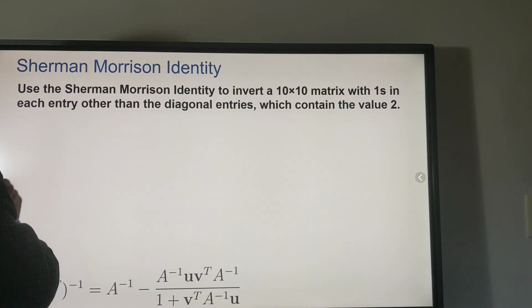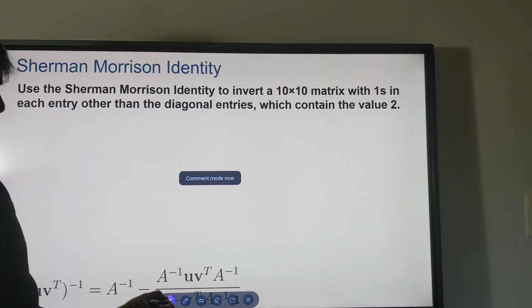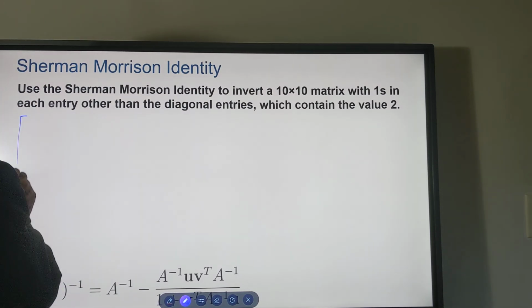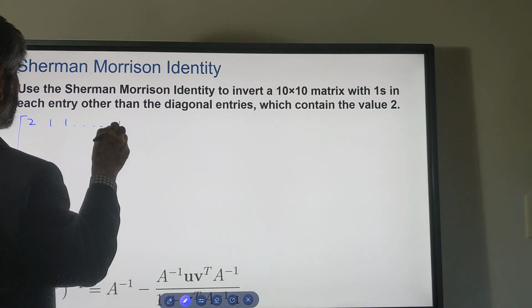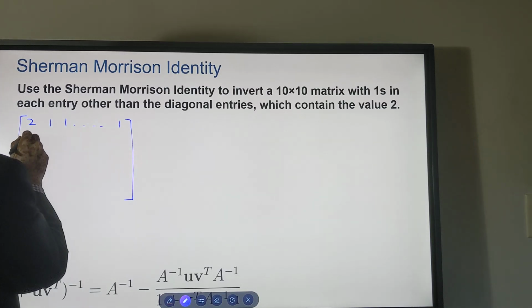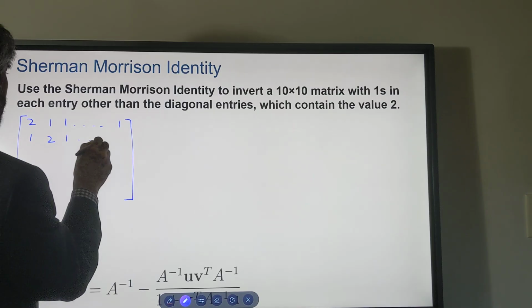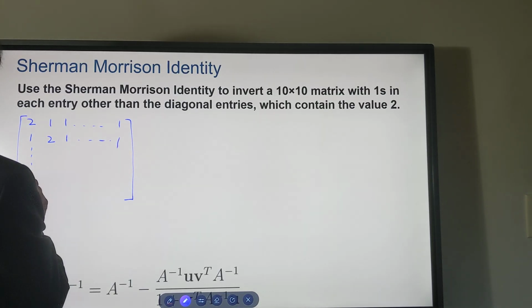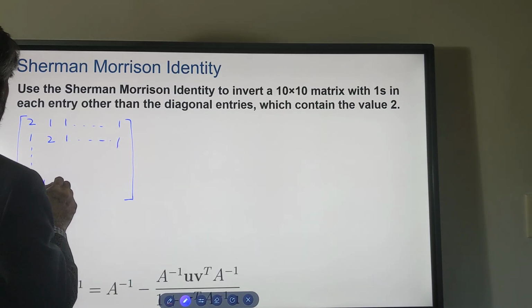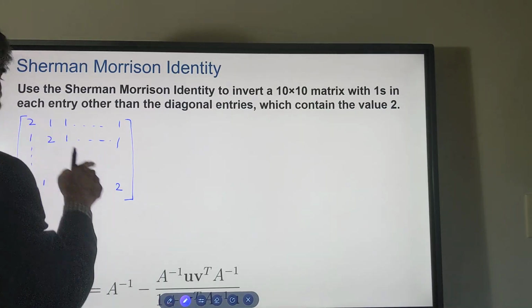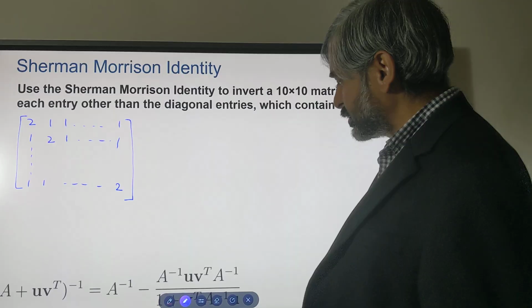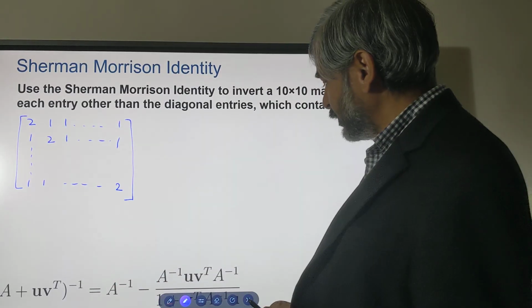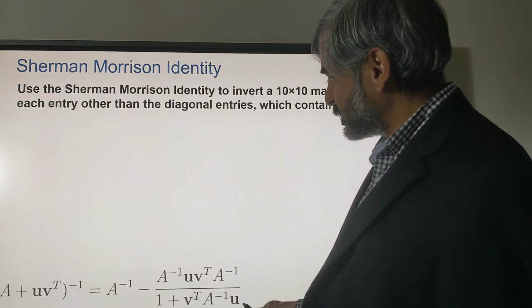The matrix will look something like this, which has 2 here, and then all ones, and then again 1, and then 2, and then all ones again, and so on and so forth, and in the end we have 1 and all of these things. So all those diagonal elements are 2, and we want to use this identity which looks like this.